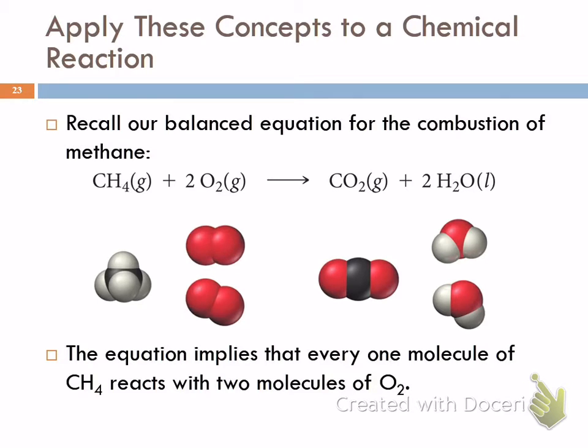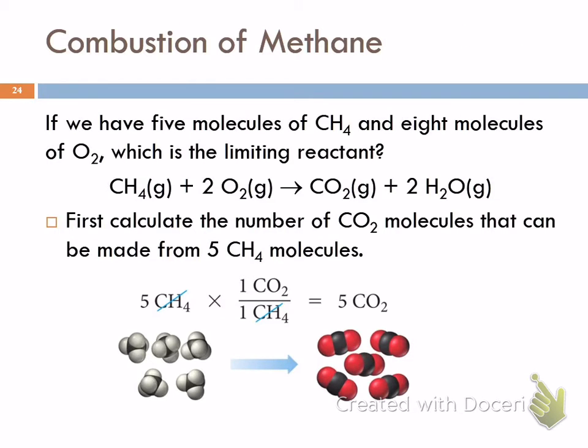So if we only had 1 molecule of oxygen, the reaction can't go forward, right? Just like if you only had 2 ounces of pizza sauce, you can't make the pizza because you don't have enough sauce. So if we had 5 molecules of methane and 8 molecules of oxygen, what could happen?